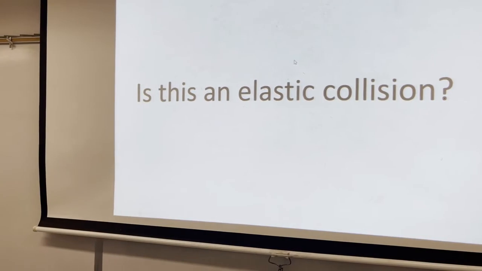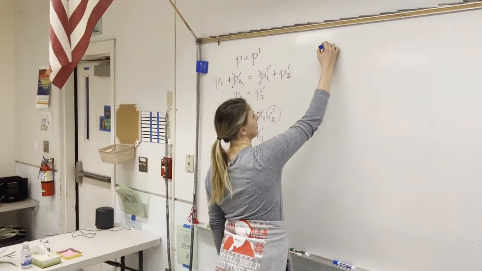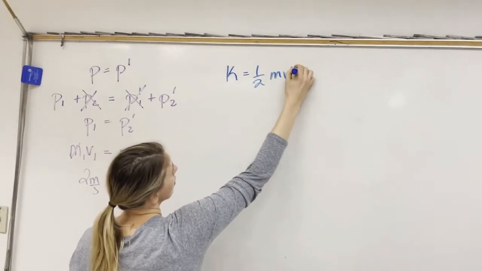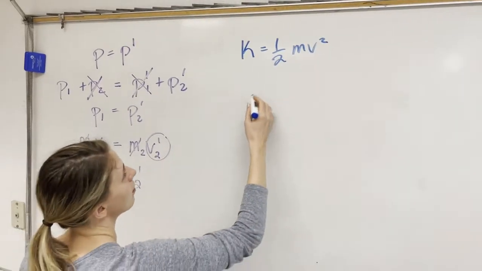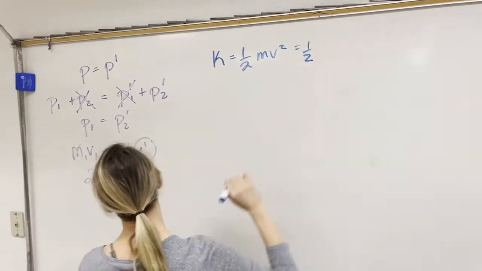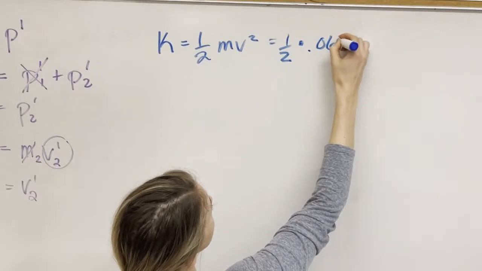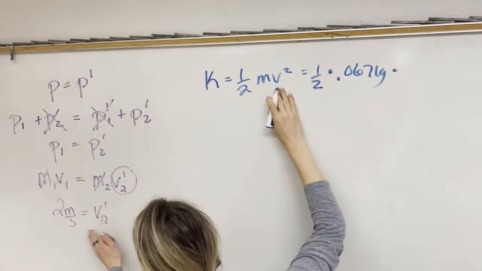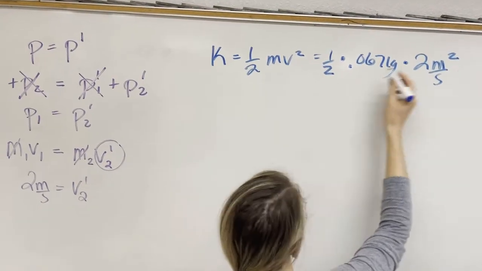Is this an elastic collision? How do you find kinetic energy? We want to know, is the kinetic energy the same before and after? What is kinetic energy? It is 1/2 mv squared. So we can say 1/2 times our mass, 0.067 kilograms, times our velocity, 2 meters per second, squared.